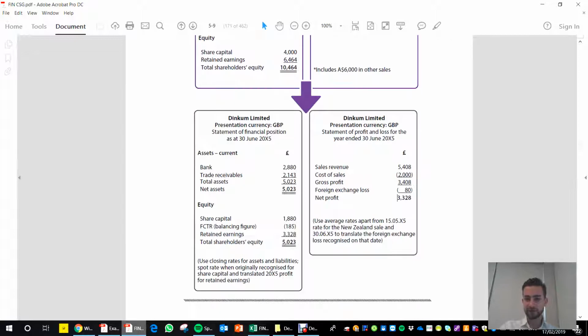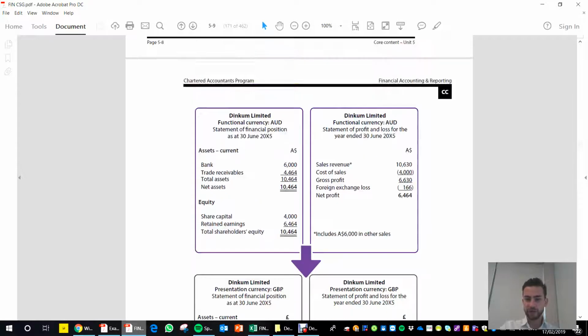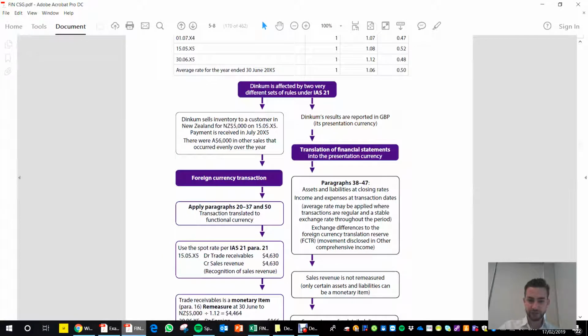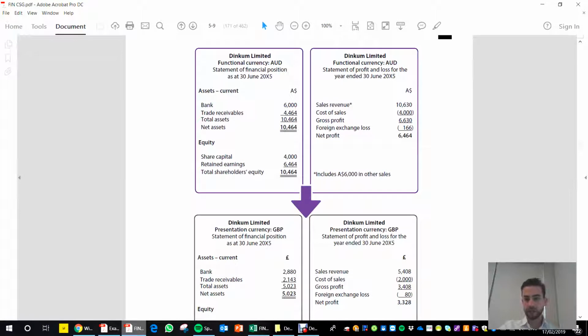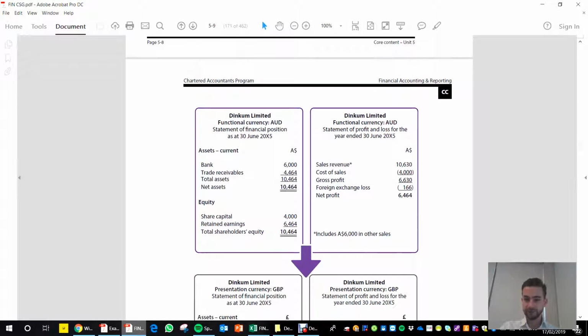So sales revenue, we're going to convert at the date of the transaction, which is the 15th of the 5th. And then we are going to convert the rest of those transactions at an average exchange rate. So it's going to be a combination of the two.